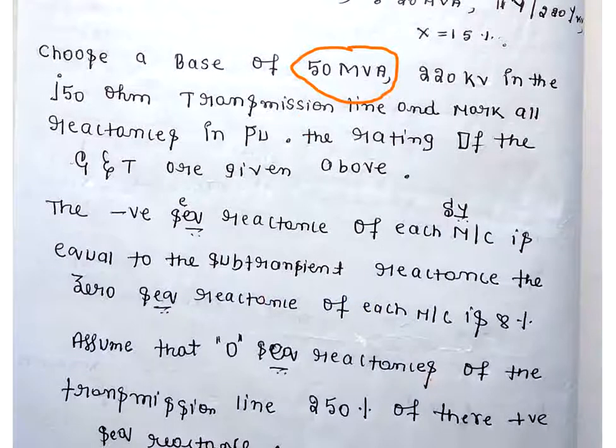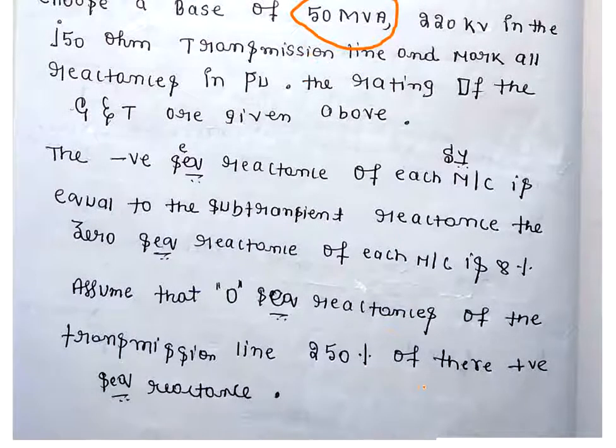And one more thing has been given. Yes, here you can see: the zero sequence reactance of each machine is 8%. So X naught has been given.